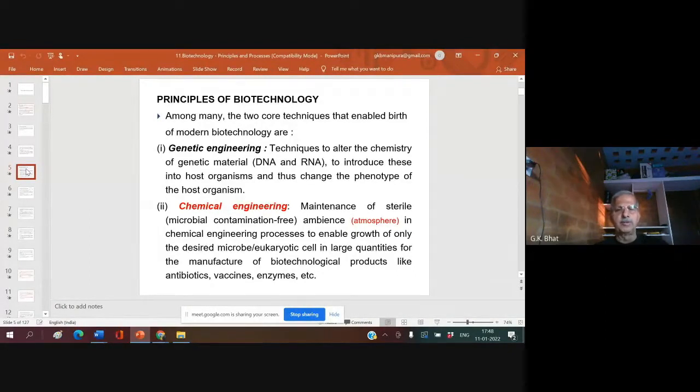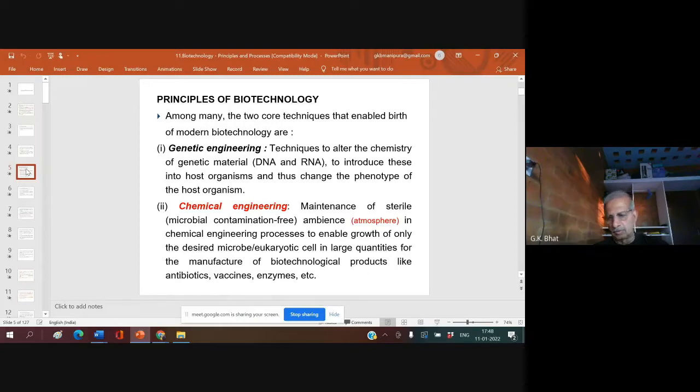Maintenance of a sterile ambience in chemical engineering processes enables growth of only the desired microbe or eukaryotic cell in large quantities for the manufacture of biotechnological products like antibiotics, vaccines, enzymes, etc. This is what we call chemical engineering.